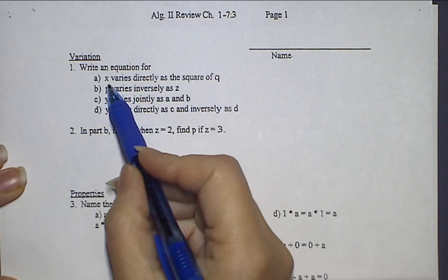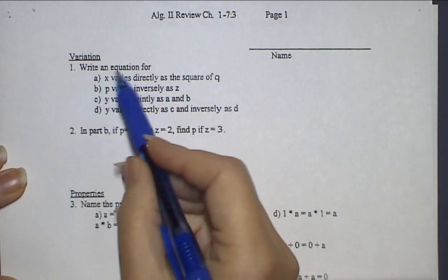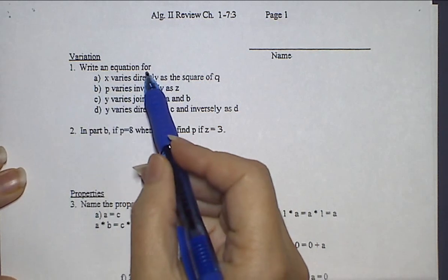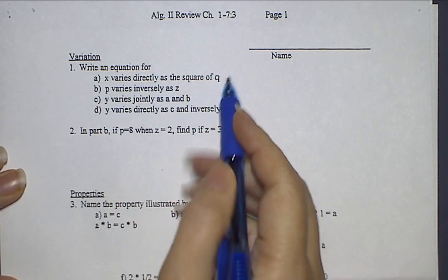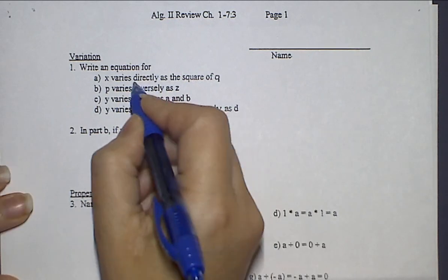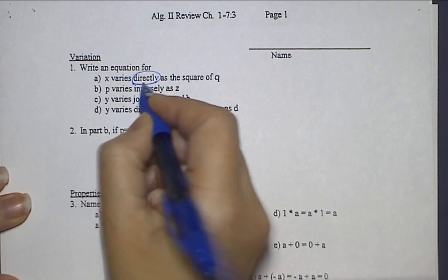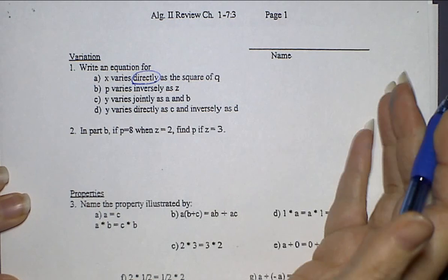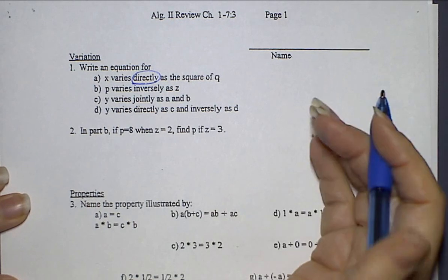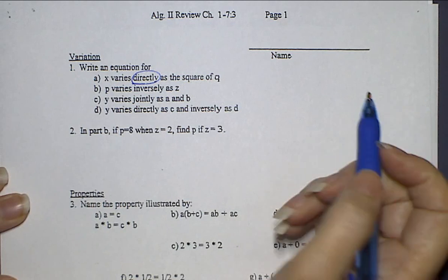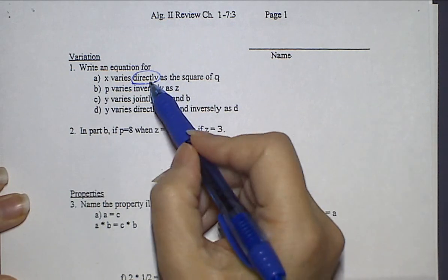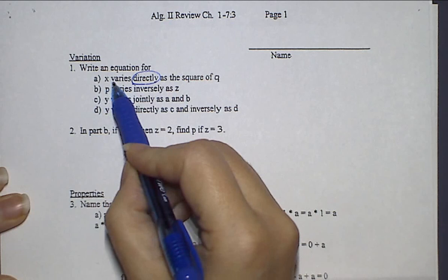So we have number 1. It says to write an equation for x varies directly as the square of q. So what does directly mean? Does it mean multiplication? Does it mean division? Does it mean addition, subtraction? It means multiplication. So anytime you see varies, remember what did I say you have to do?